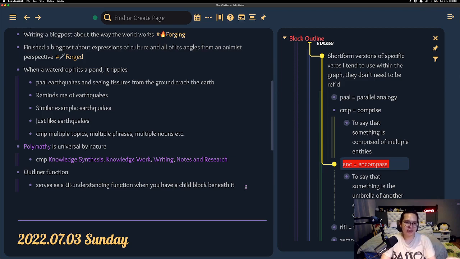There could be many reasons for this. Like, for example, if I know that two pieces of information shouldn't be a parent-child block, because if they are, then the translation will be a little bit weird.